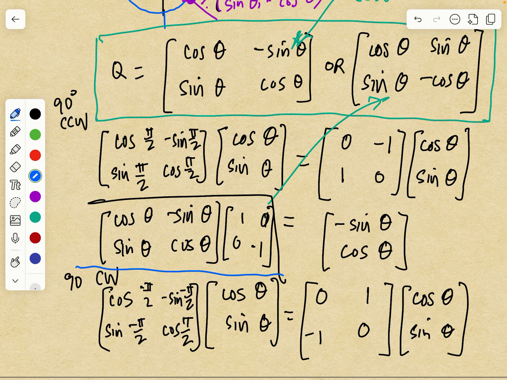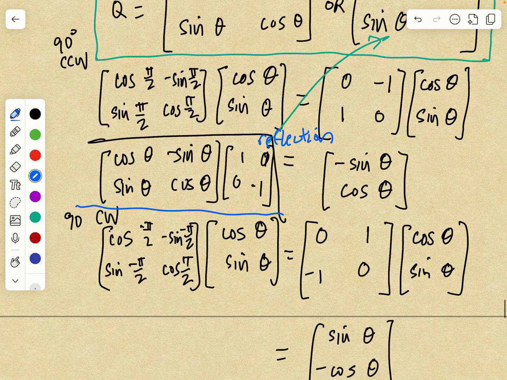Well, if you think about what this matrix on the right is doing, this is a reflection, because it keeps x the same, but it changes y to negative y. If I take this matrix and multiply it by the vector x, y, I get x, negative y. So you just multiply the y value by negative 1. That's a reflection about the x-axis. So I do a reflection, and then that's a rotation by theta degrees counterclockwise.